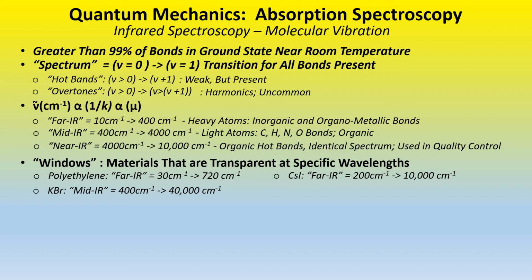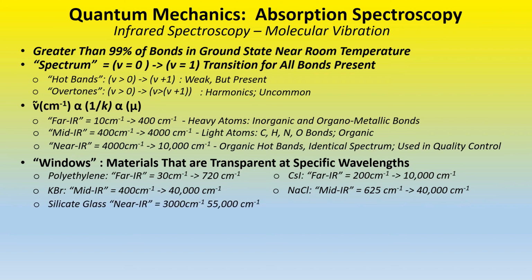The mid-IR, which again, most of you are familiar with, potassium bromide is the preferred window material. It is clear from 400 to 40,000 reciprocal centimeters. And if necessary, sodium chloride can also be used, but it only starts at 625 reciprocal centimeters up to 40,000.